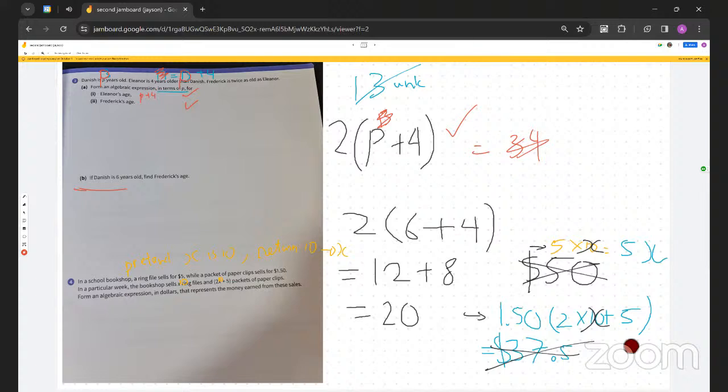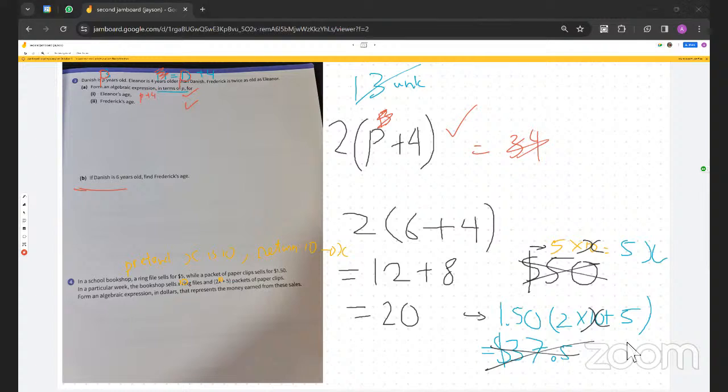Tell me if you're stuck. Okay. Decimal. I don't know how to type it in the calculator.